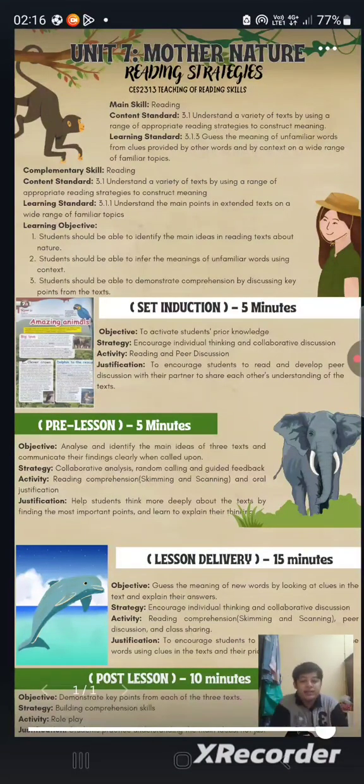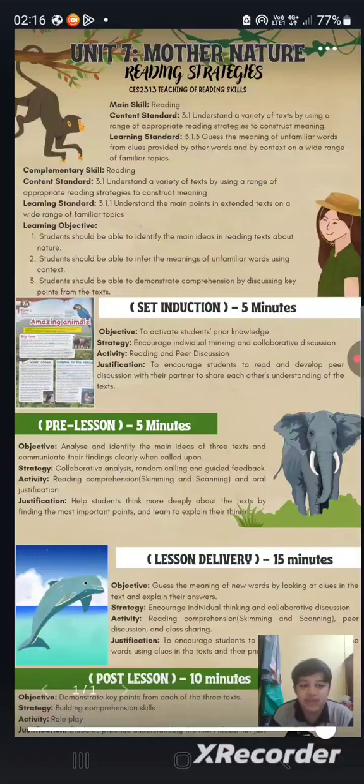Basically, students will analyze each text to search for the main ideas, and then after some time, the teacher will call random pairs to share their answers. And then after the students have answered, the teacher will give the correct answer.